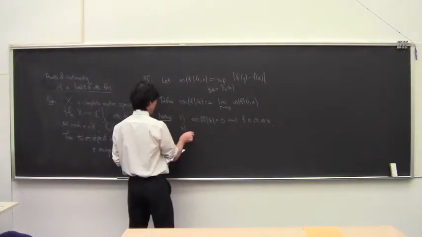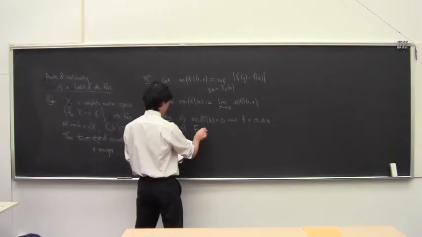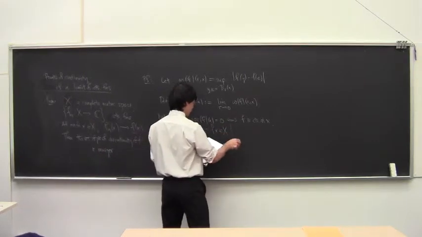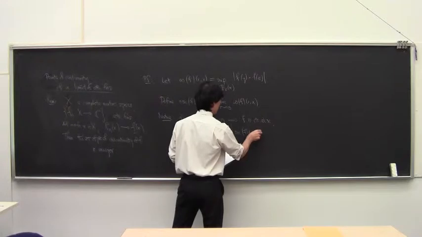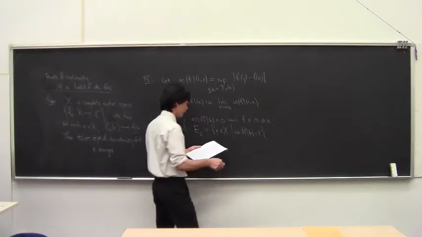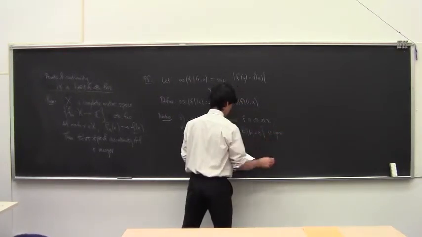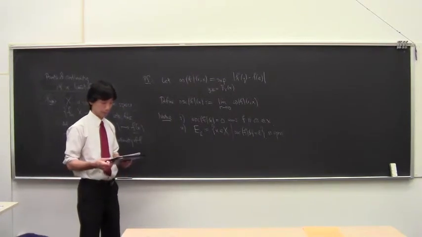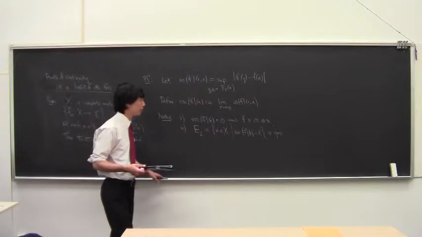And the second thing you notice is that if we let E sub epsilon be the set of points where the oscillation is strictly smaller than epsilon, then this set is open. I think that's pretty obvious.